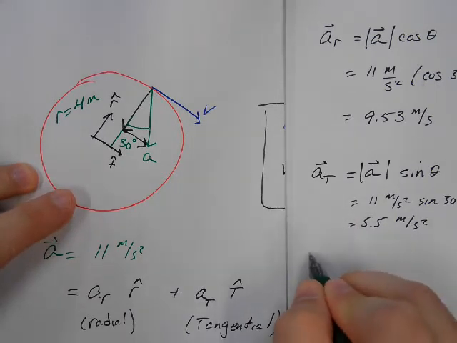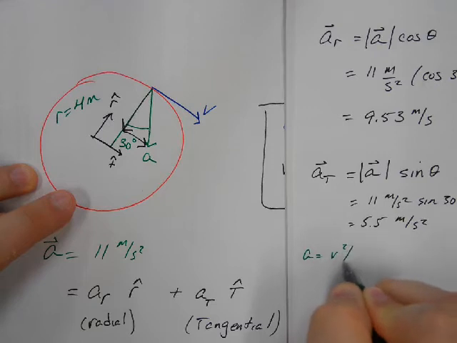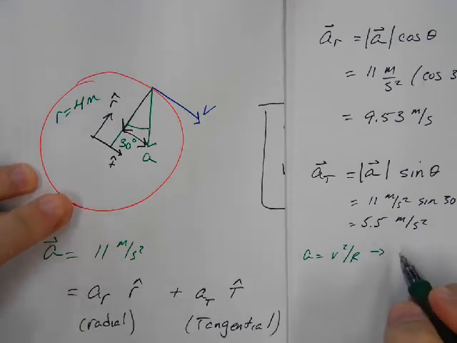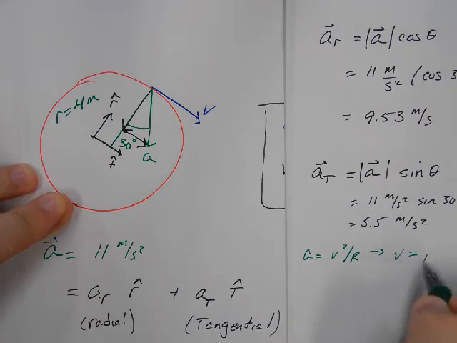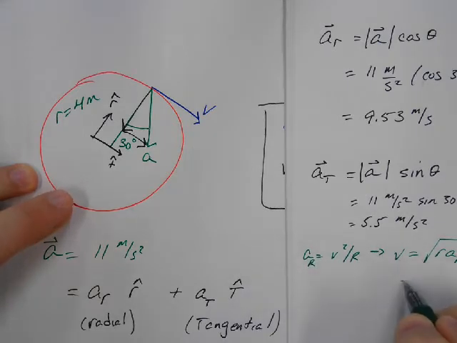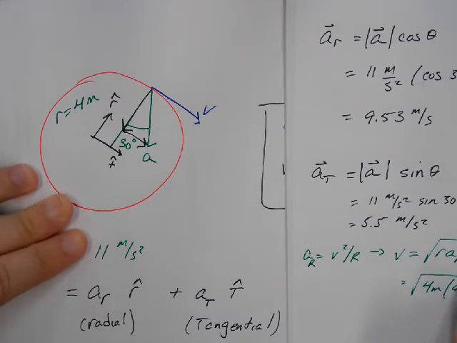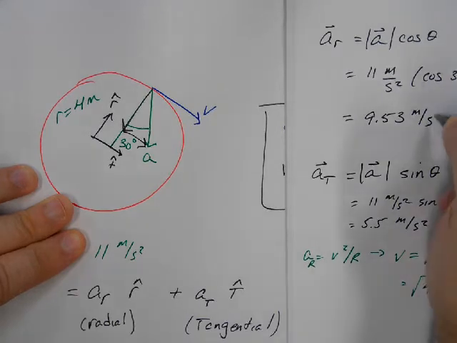All right, we have acceleration is v squared over r. You did this in the math review lab. V is the square root of r times this acceleration. Square root of 4 meters times 9.53 meters per second squared. There should be a squared here.